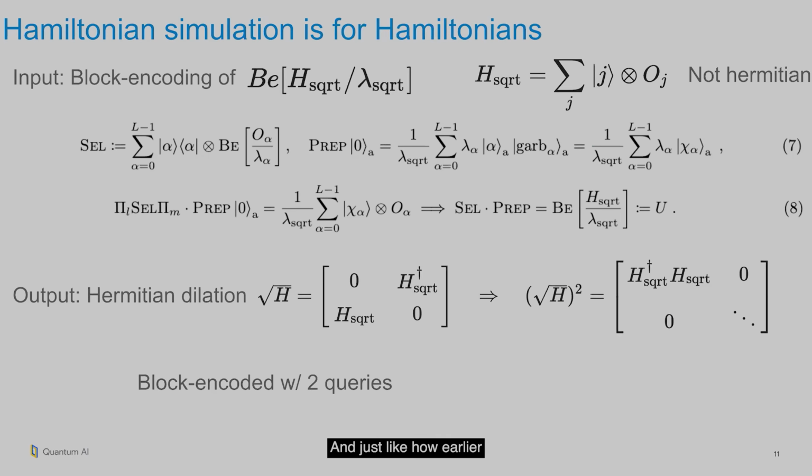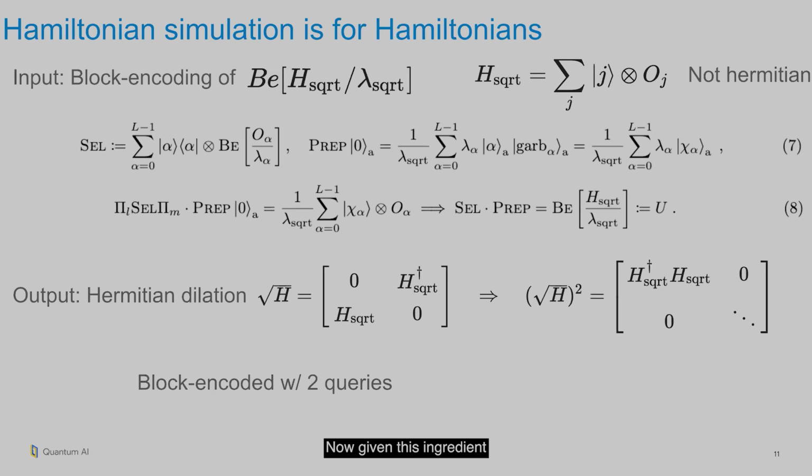I've defined it as the ket j tensor with the operator O_j. And just like how earlier there was this LCU construction to block encode a linear combination of unitaries, it turns out that you can take half of an LCU construction to block encode this rectangular matrix. So you can do it. This is 7 and 8 is how you do it.